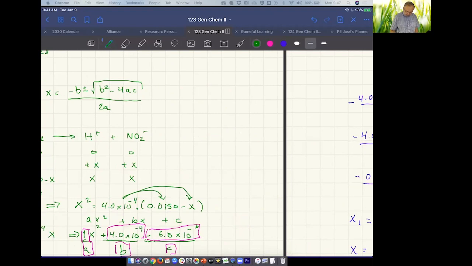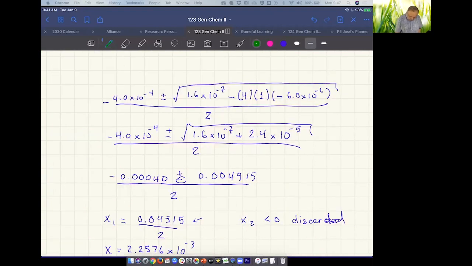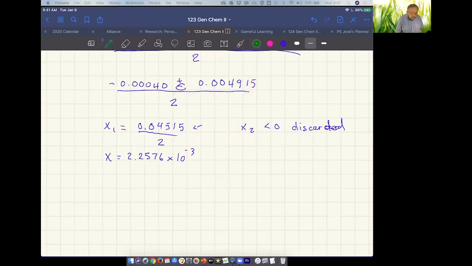So let me go back to green. So the concentration of the undissociated acid, HNO2, it was 0.015 minus x. And that is going to be 0.0150 minus 0.002576.